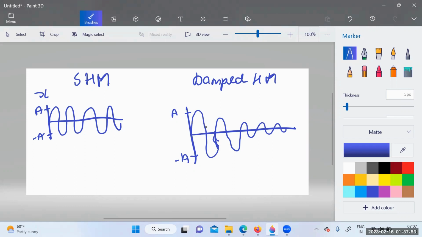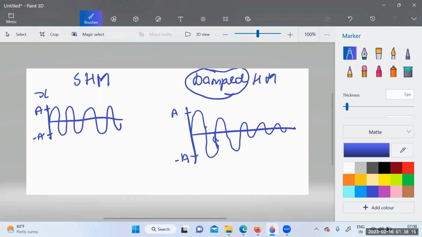If you take any real world examples of harmonic motion, they would be of the damped type, because there isn't any real world example of simple harmonic motion. Simple harmonic motion is basically an ideal situation.